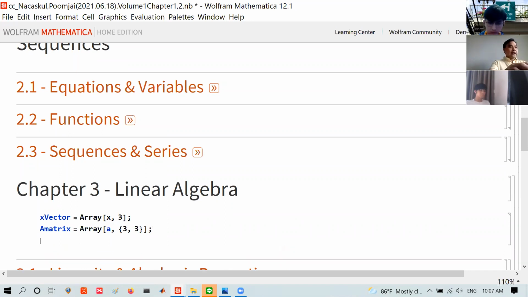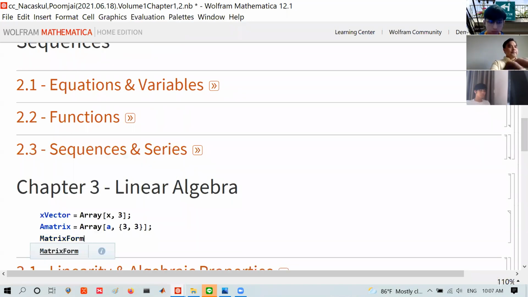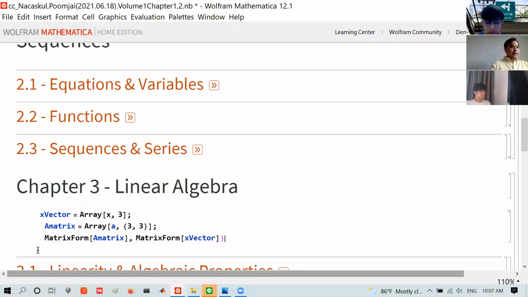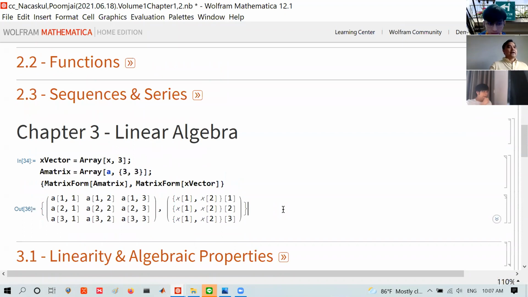Now let's see what they look like in vector form and in matrix form.